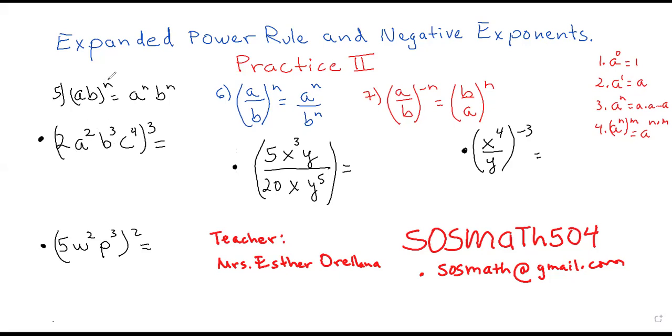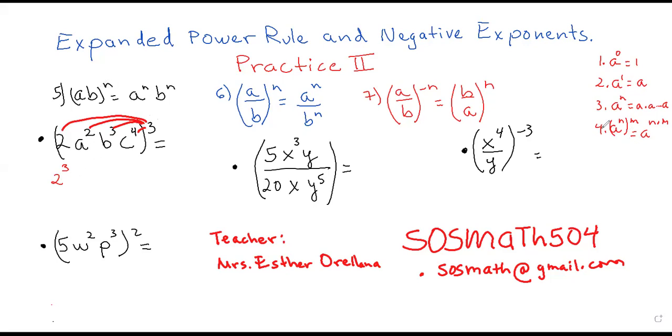As in the rule, this exponent outside parentheses goes for everything inside. This 3 goes for everything inside. Let's solve this. Then I have 2 to the third power, and we need to multiply, right?